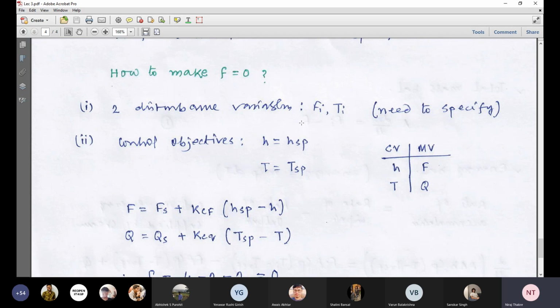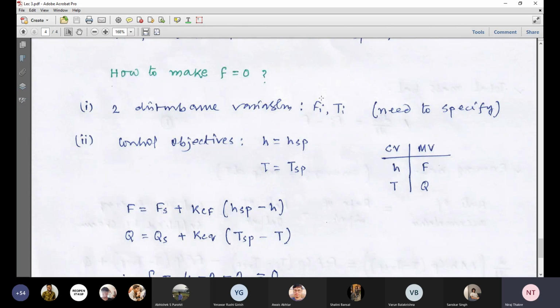We discussed this, we applied this concept to a liquid tank system. Now this is our second example and we are following the same approach. We are specifying here two load variables. These are the only load variables for this example system, Fi and Ti. Specify means you simply need to measure.